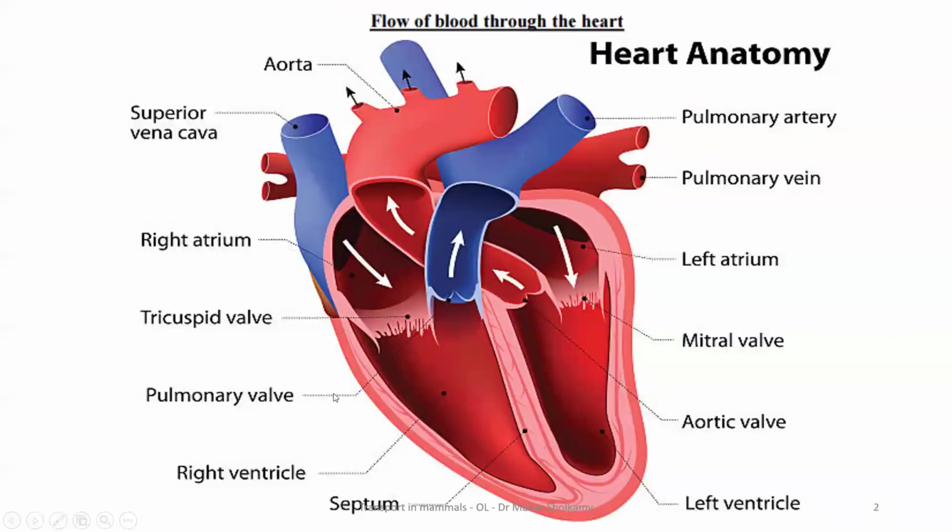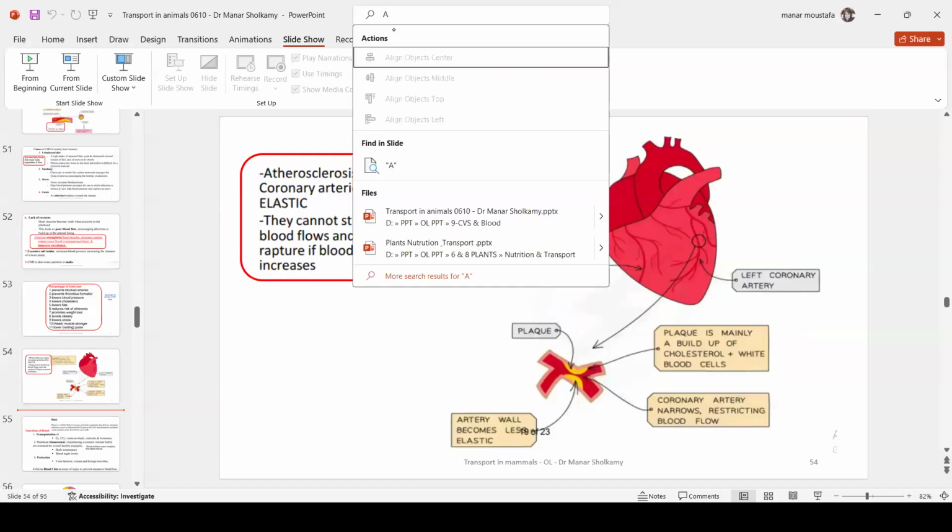This is so easy. Now, this is the most important picture in the whole lesson, the internal anatomy of the heart. We want to first know how to draw it and know how to label it and know the flow of blood inside the heart. So let's do it together. I highly advise you to get a piece of paper and draw with it, because this is what you will do when you come to study. What are we studying now? The internal heart anatomy. Excuse me, I will have to turn my laptop.